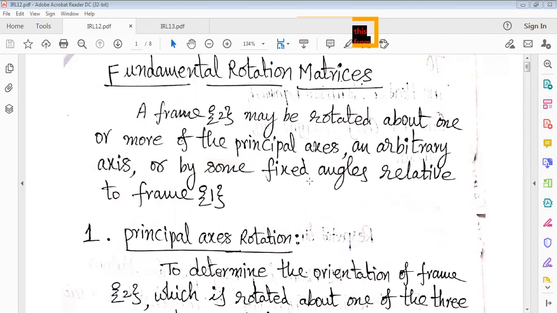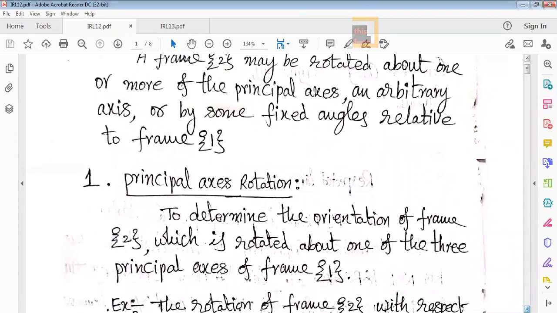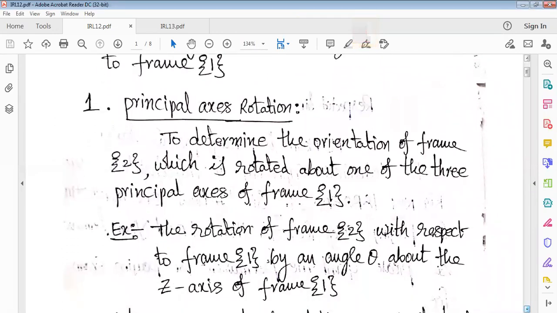Later I will discuss rotation about fixed angles relative to frame 1, arbitrary axes, etc. Principal axis rotation means that to determine the orientation of frame 2, which is rotated about one of the three principal axes of frame 1, we determine the orientation of frame 2.